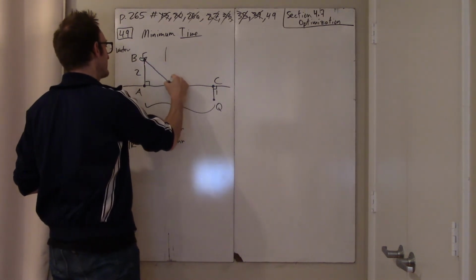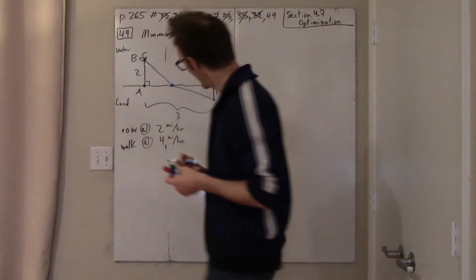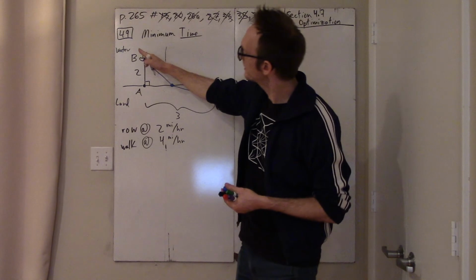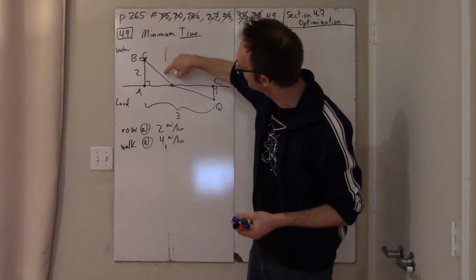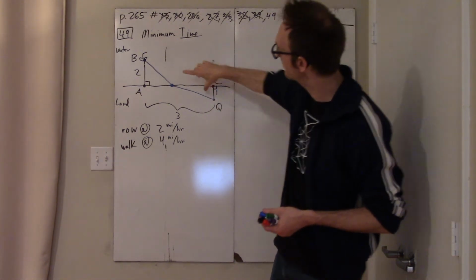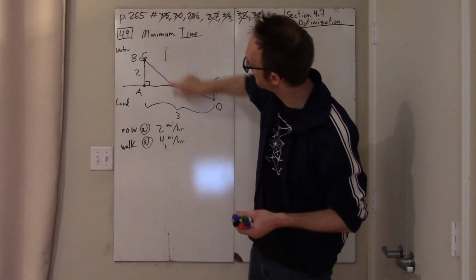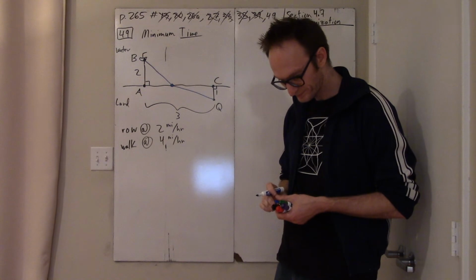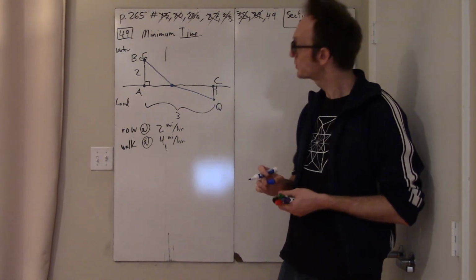I don't think it's going to be a straight line anymore, because the straight line assumes that the rates at which we move through these surfaces are the same, but in fact they are not. And so the distance of this first segment and the distance of the second segment are not contributing equally to the total time.